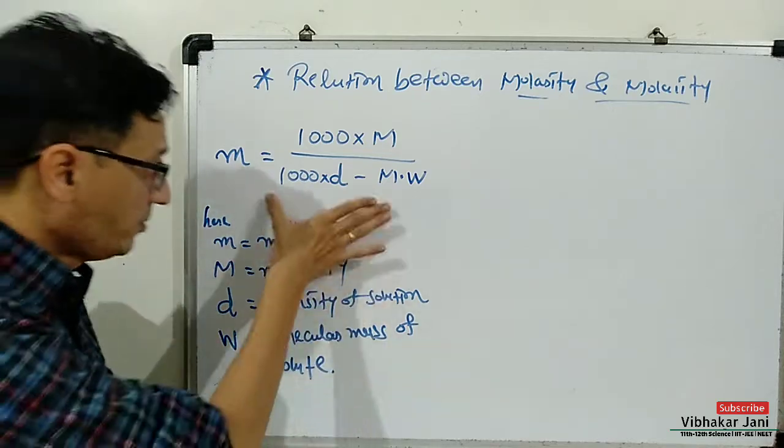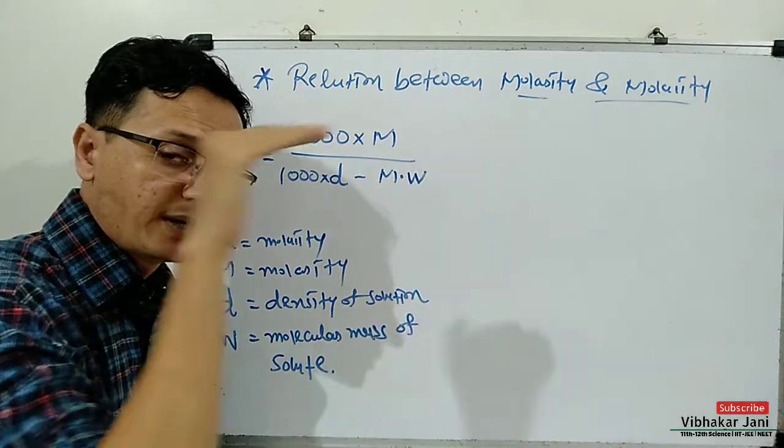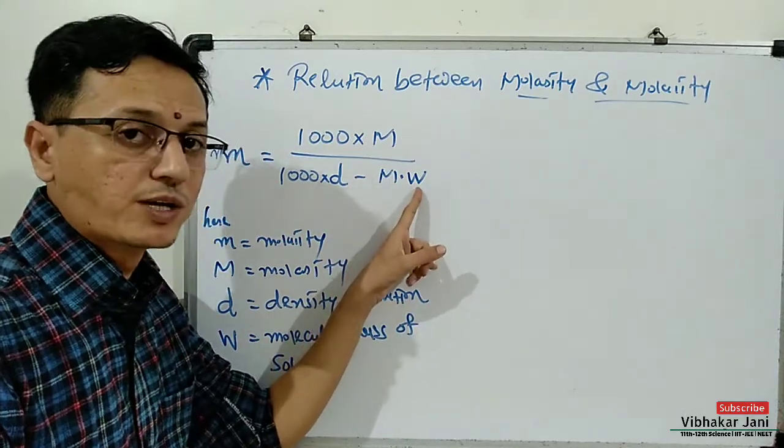So you have to remember this formula. Molality is equal to 1000 M divided by 1000 D minus molarity multiplied by molecular mass of solute.